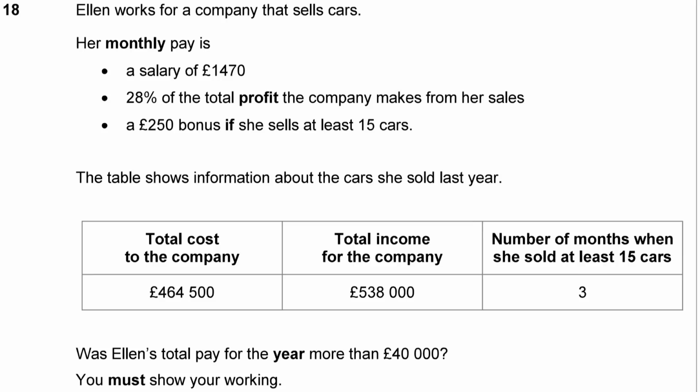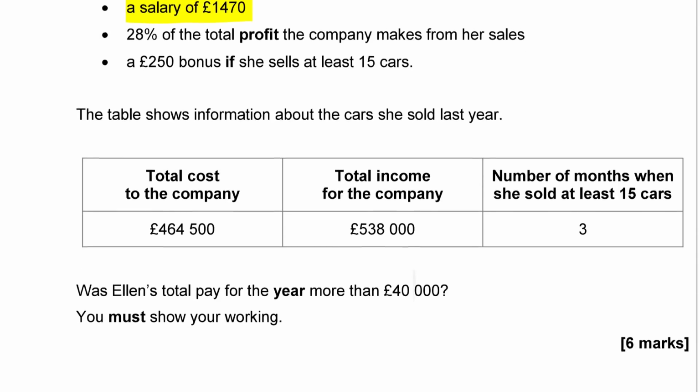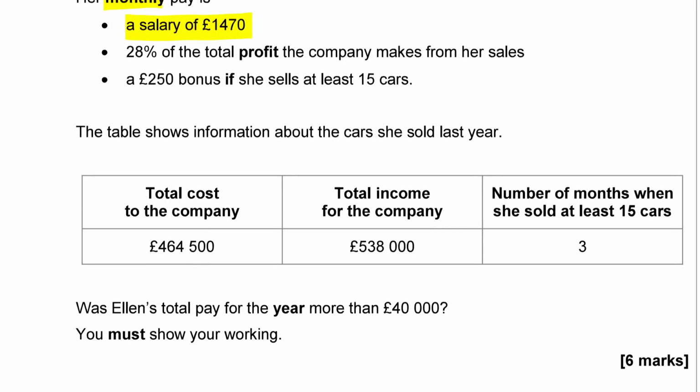Okay, so let's work out the various parts of her salary and then add them all up. Her monthly salary, so this is per month, isn't it? She's getting a salary of £1,470. So over the course of the year, she's going to get that paid 12 times, isn't she? Once every month of the year.